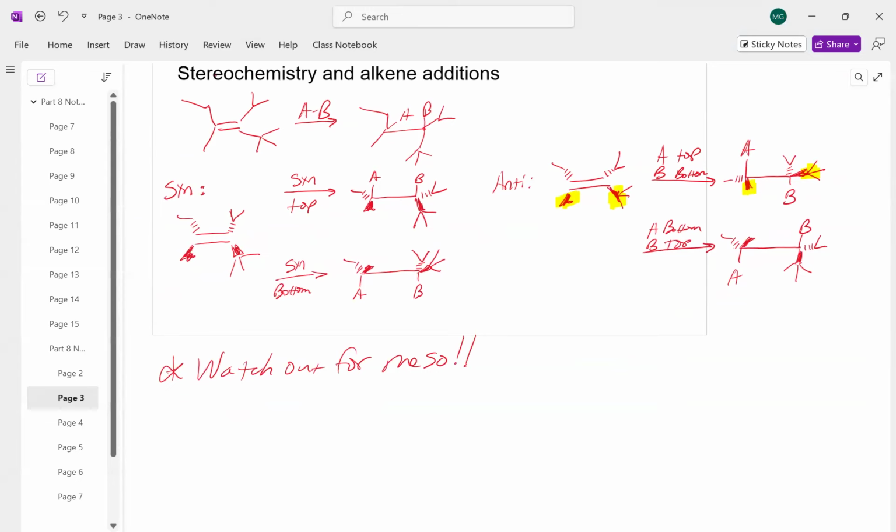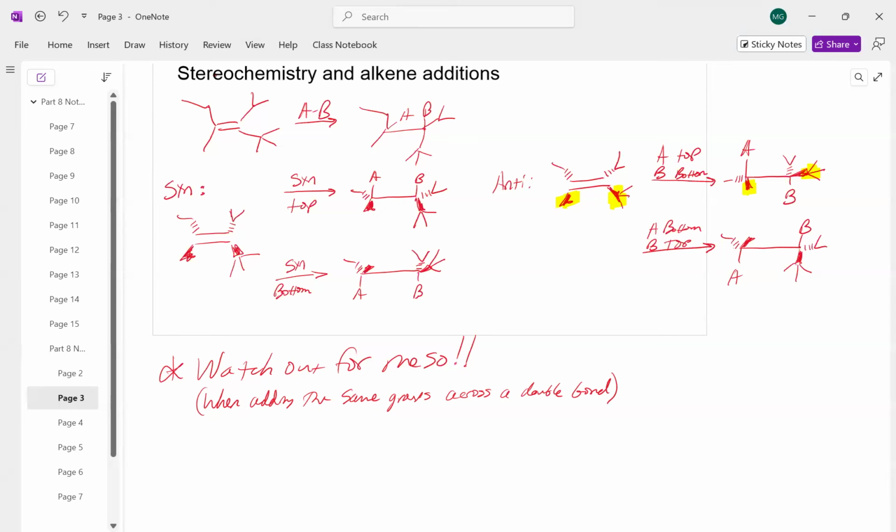And the only time you have to do this is when you're adding the same groups across a double bond. Okay, so like halogenation, X and X, or hydrogenation, hydrogen and hydrogen, or like the syn and anti-dihydroxylation, you added OH groups to both sides.